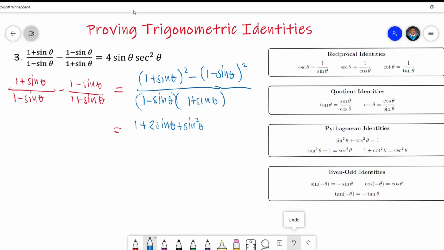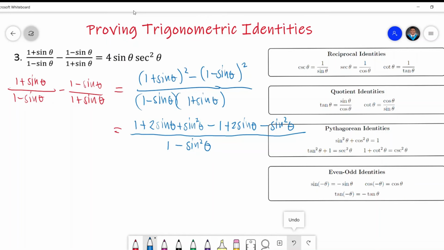And of course, expanding this one also, that will give us minus 1 and then plus 2 sine theta and then minus sine square theta. Then over, of course, if you're going to multiply the denominators, that will give us 1 minus sine square theta.